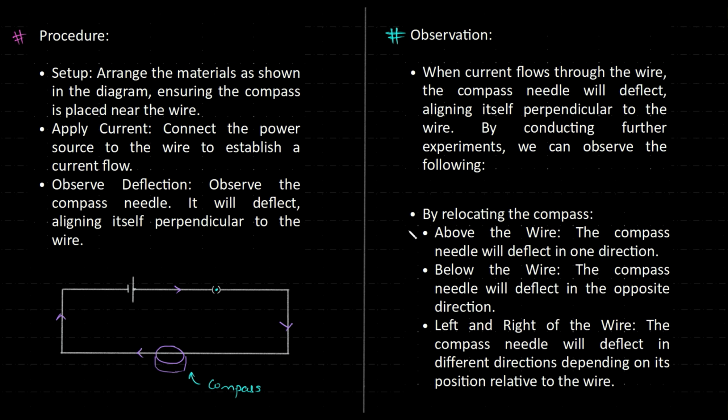It'll also be fun. Now, relocating the compass, I didn't do that here. I think I've done it in some other set of videos, but let me move forward. Above the wire, below the wire, left and right of the wire can be done. When we do all of this relocation, we see that there is deflection, and the deflection varies.